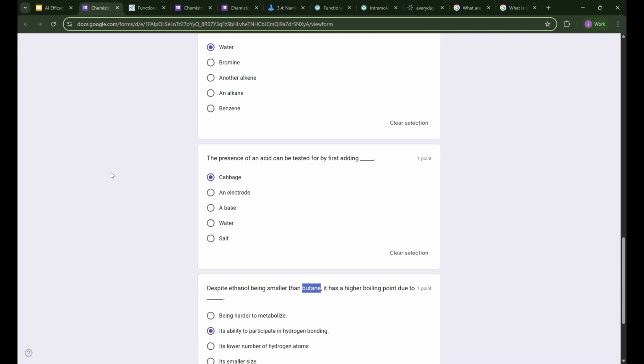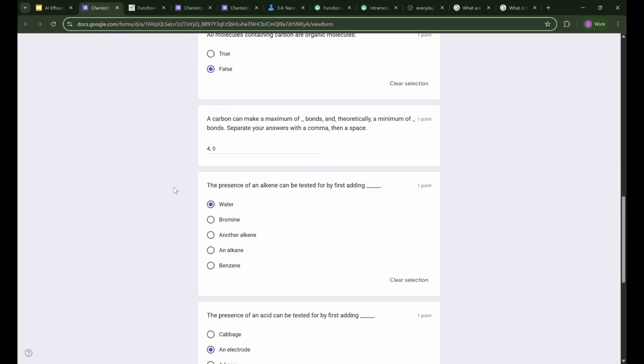And if you don't have the indicator in the acid, then you can never tell when it becomes neutral. And I don't think it's water. It's just going to dilute it. Salt, it's not really going to do anything. I'm thinking it's either an electrode, because acids should conduct electricity. So if you're able to see a current, then that would work.